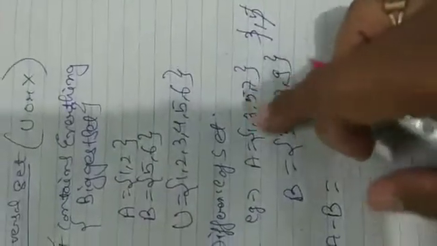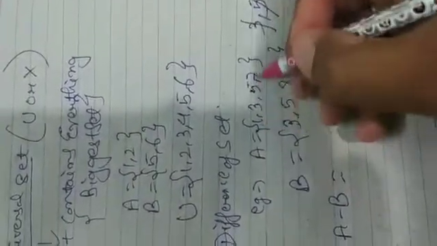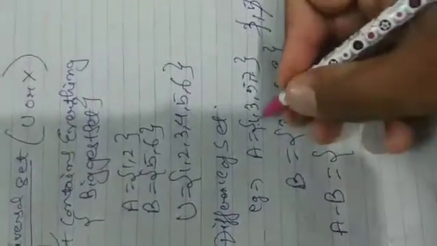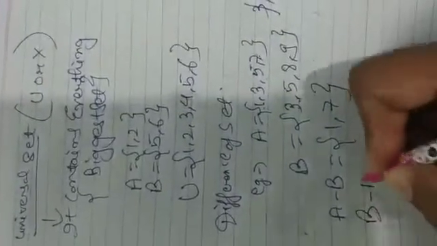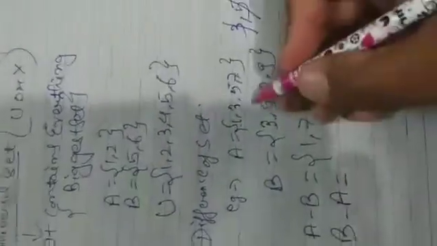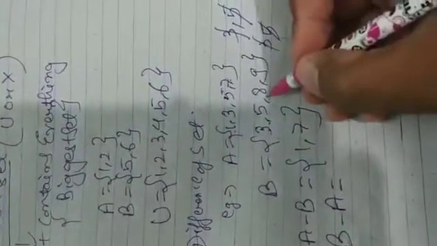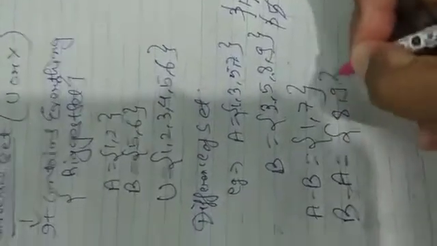After cutting 3 and 5, the left elements of set A will be the difference. So {1, 7} is A minus B. If you want to find B minus A, the same 3 and 5 are cancelled, and what is left in B is 8 and 9.